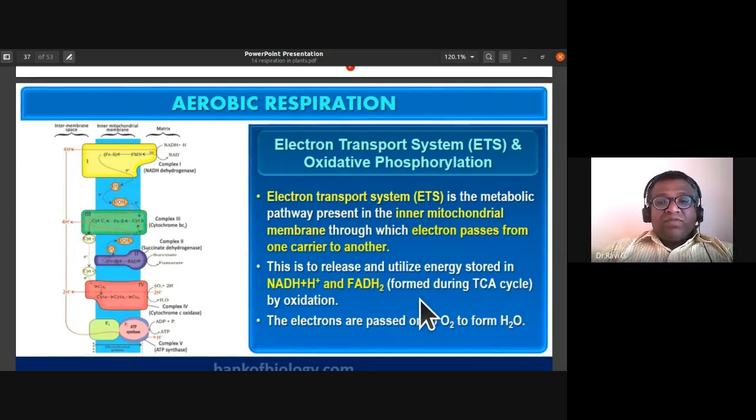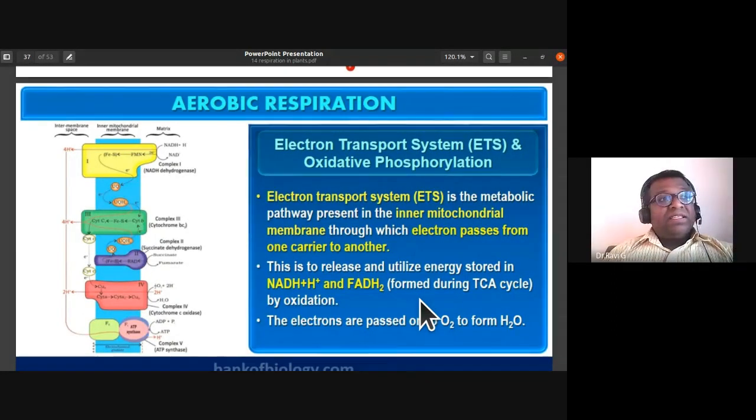So when the electrons are flowing, this facilitates the release and utilization of the energy stored in NADH2. One NADH2 is equivalent to 3 ATP and one FADH2 is equivalent to 2 ATP. These NADH2 and FADH2 are formed during the Krebs cycle or tricarboxylic acid cycle.